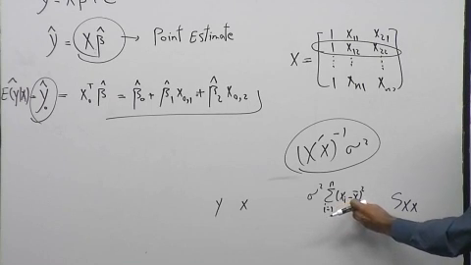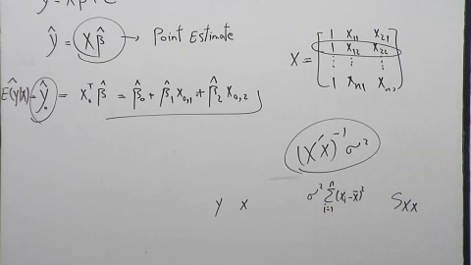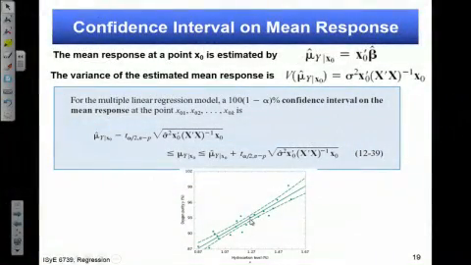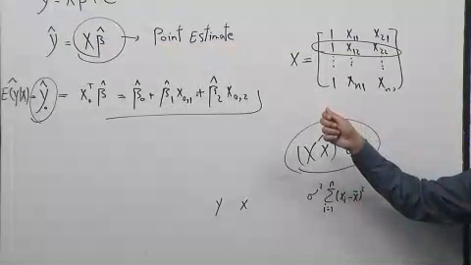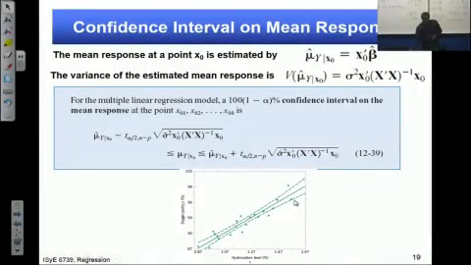This difference is smaller, so your variance gets smaller. When your variance gets smaller, what's going to happen? These two limits are going to get closer to each other. When you get far from your middle point, then this distance gets larger. When it gets larger, your variance increases. Therefore, when your variance increases, your confidence interval limits get farther from each other.